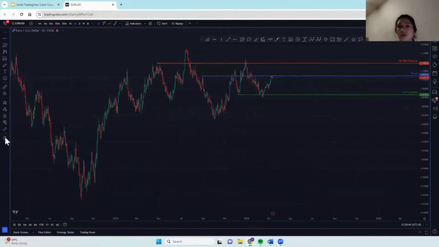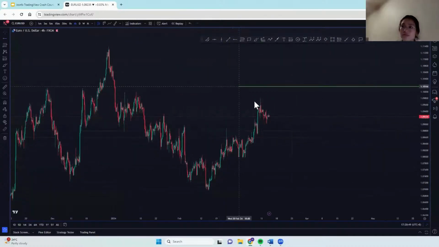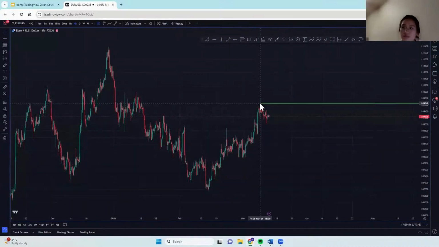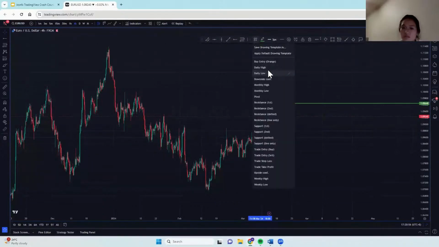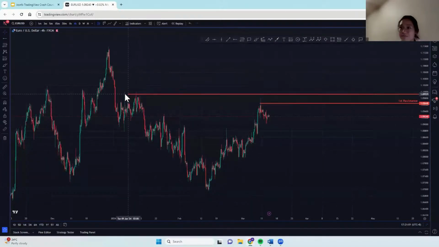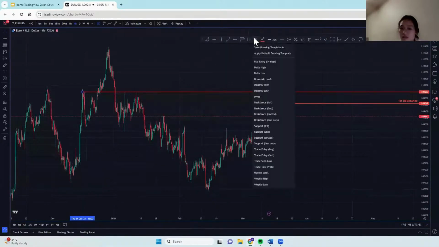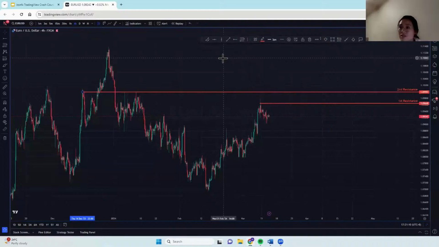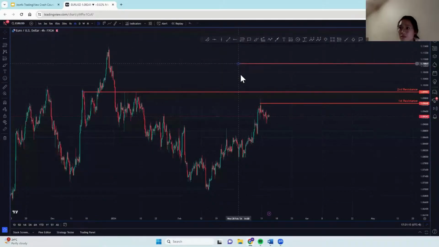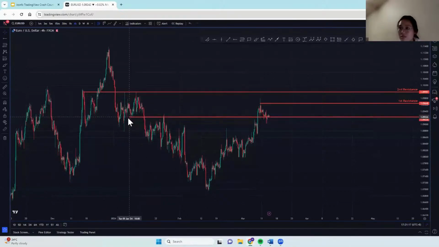Okay, now let's look at our 4-hour time frame. Okay, and this is my second resistance and my first support here.